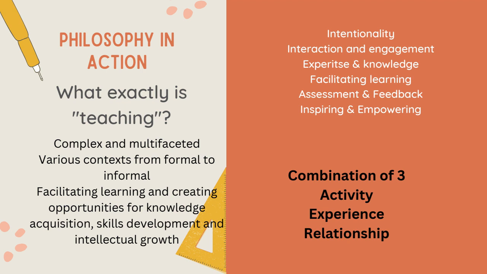These relationships shape the learning environment and have an impact on the overall educational experience. So effective teaching would involve skillful orchestrating of activities to create these positive learning experiences, all within nurturing relationships.